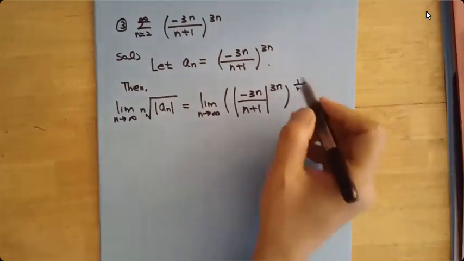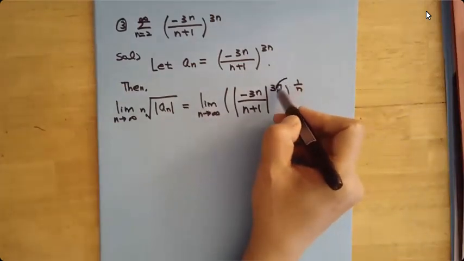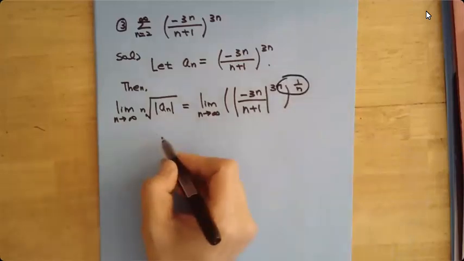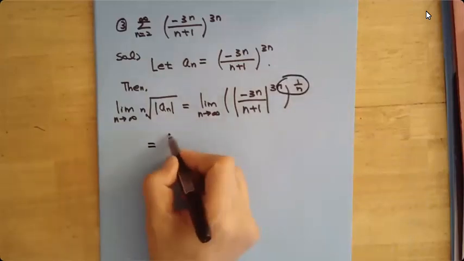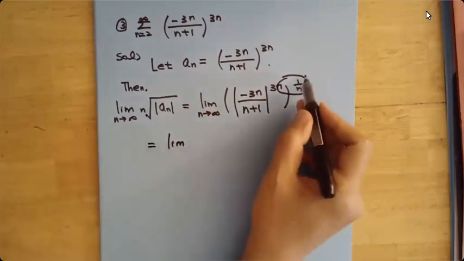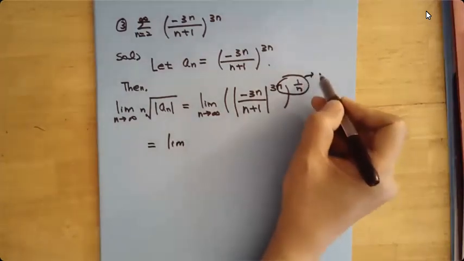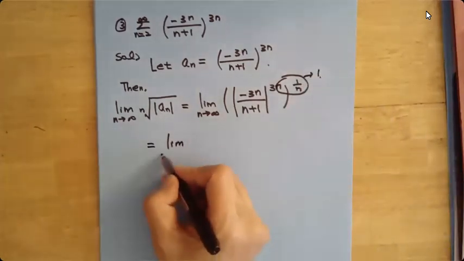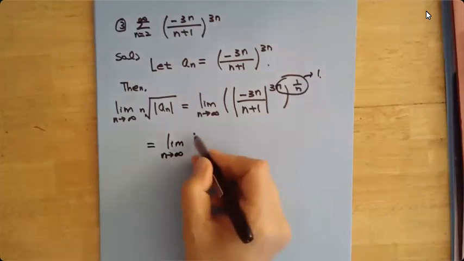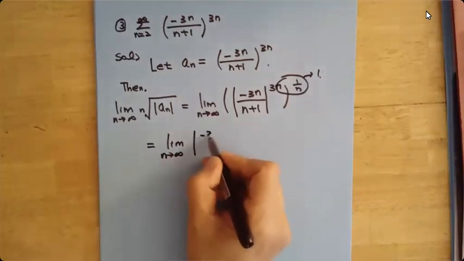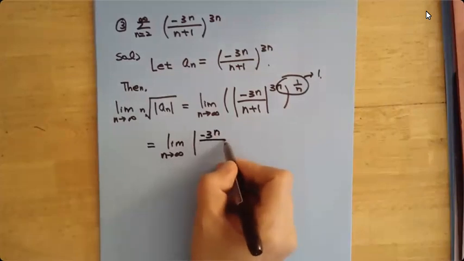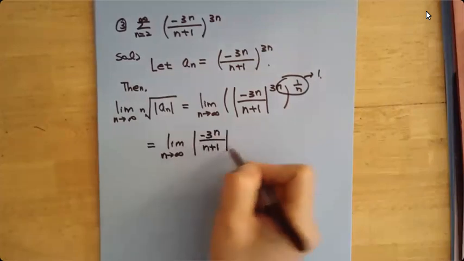So we apply the root test, and n times 1 over n, the powers will cancel each other and become 1. So the limit as n goes to infinity becomes the absolute value of (negative 3n over n plus 1) cubed.